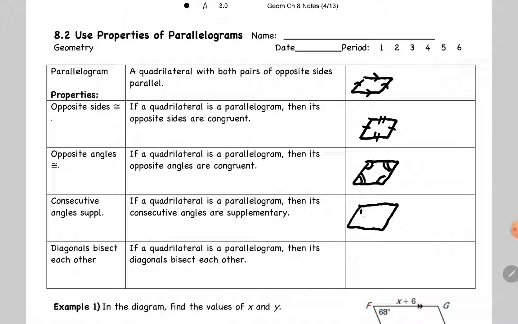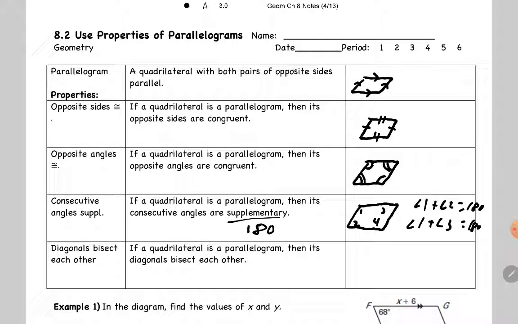So if this is angle 1 and angle 2, consecutive means they're right next to each other. Angle 1 plus angle 2, remember, supplementary means they add up to 180. So angle 1 plus angle 2 would equal 180 there. And if I called this angle 3 and angle 4, angle 1 plus angle 3 would also equal 180 because they're next to each other.